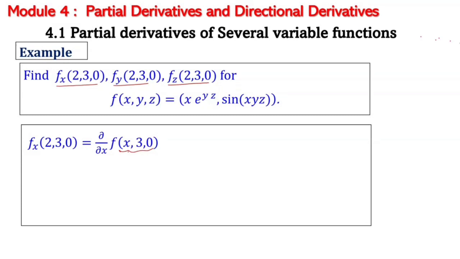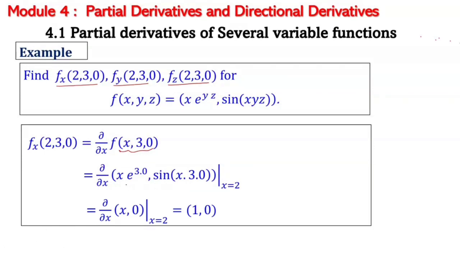Now what will happen, f(x, 3, 0), so we'll substitute it in the function, and then we will get del x of x e to the power 3 times 0, sine x, 3, 0. So therefore we got it here. This becomes x and this is 0. So therefore we will get del x of (x, 0), and now the partial derivative of x is 1, so we will get (1, 0).